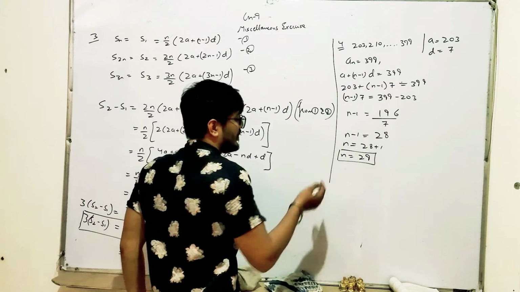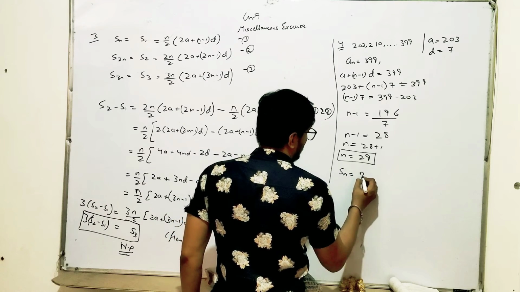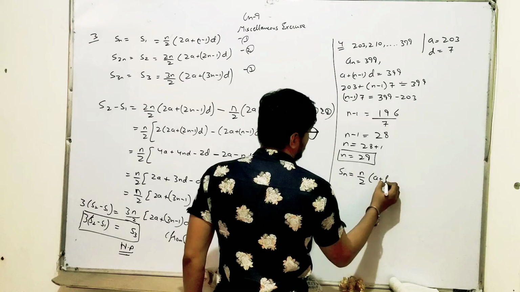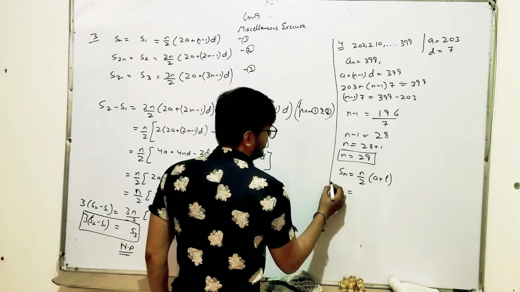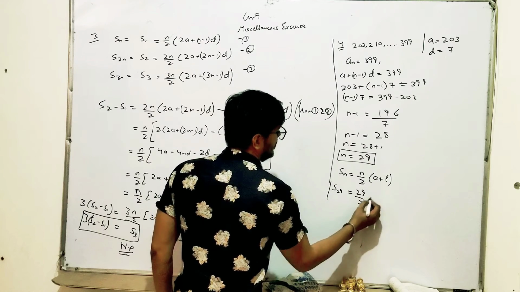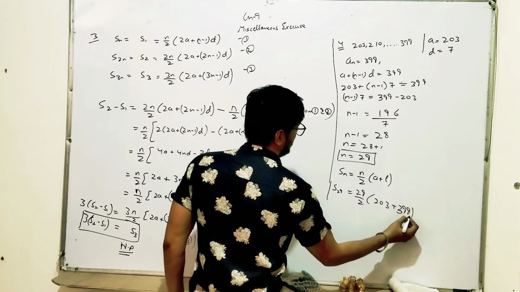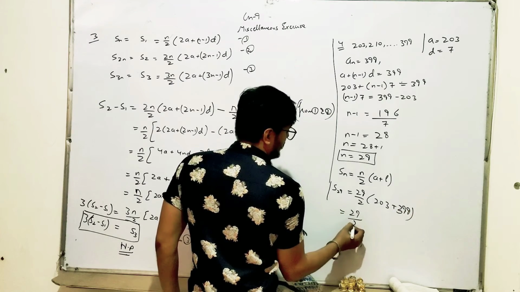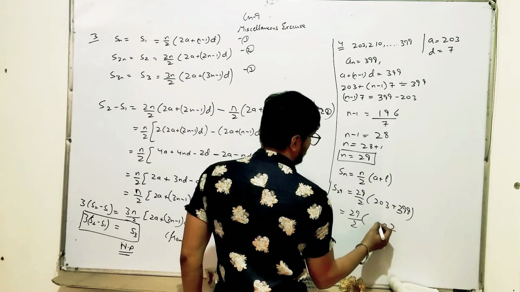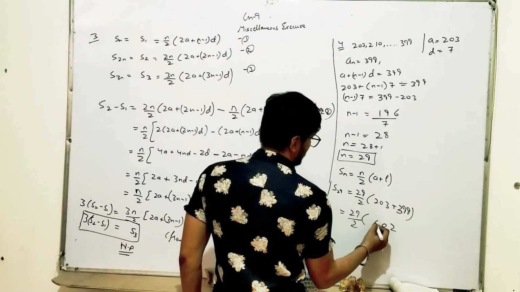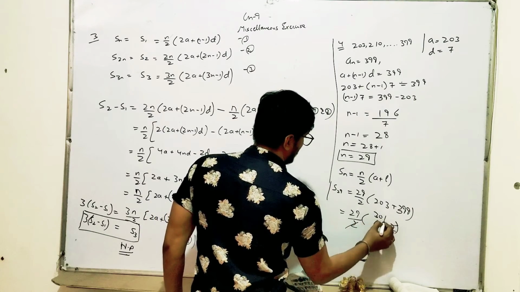So we have to find out the sum of those terms. So Sn is equal to n by 2 (a + l), right? So S29 is equal to 29 upon 2, a is 203 plus l is 399, so 29 upon 2 times 602, so 301.